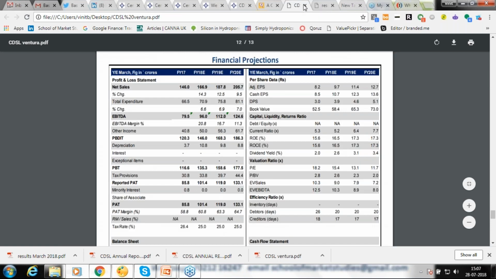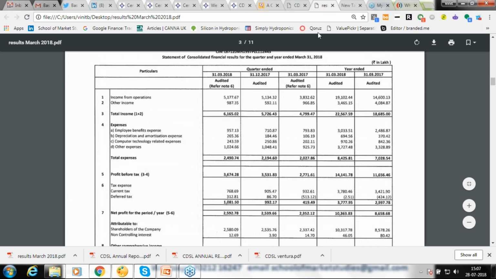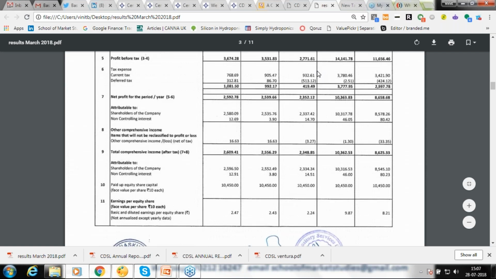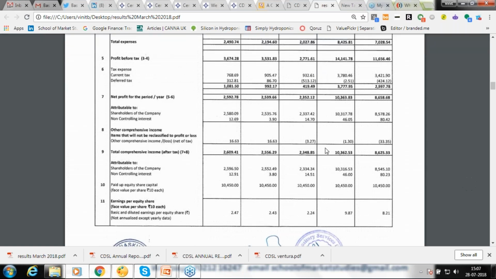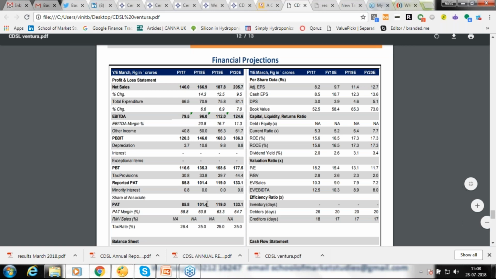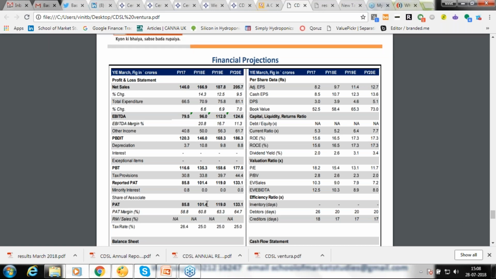We had estimated 166, so we are well ahead of the numbers. And if you come to the total profit after tax, it's 103 crores versus 86 crores. And if we go here, the PAT was, we are very much in line with the PAT. So out of 101, we are 103, right?